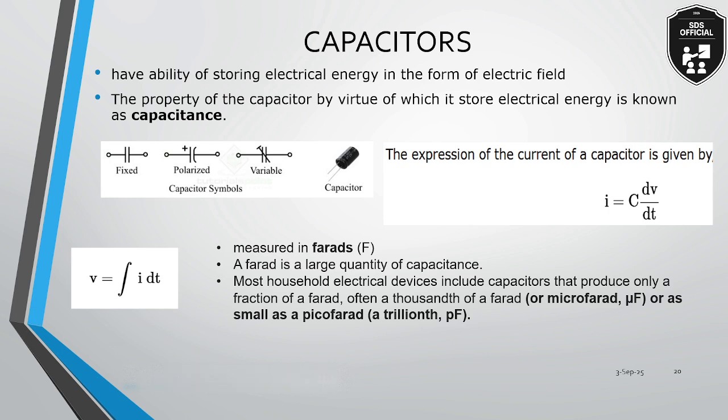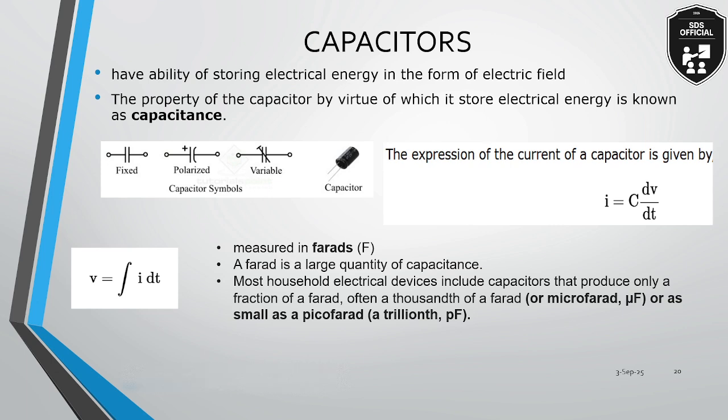Those students who have attended the class in physical mode have got the introduction. What are capacitors? Capacitors are those elements which have the ability to store electrical energy in the form of an electric field. By definition, the property of the capacitor by virtue of which it stores electrical energy is known as capacitance.